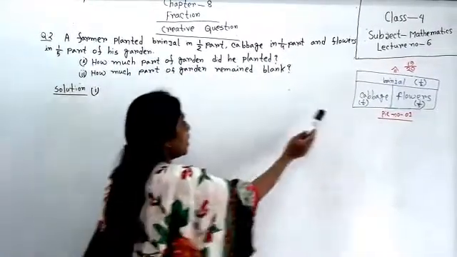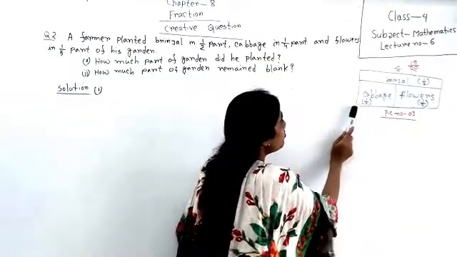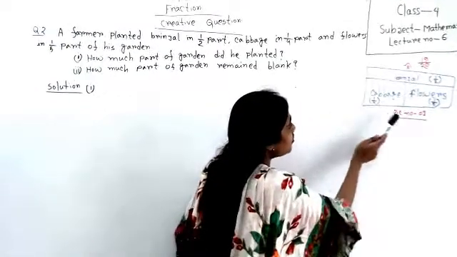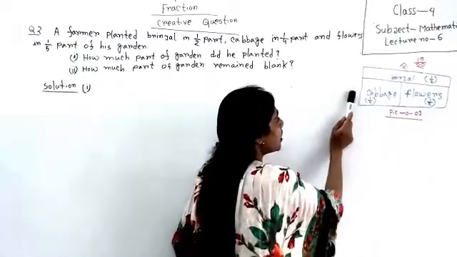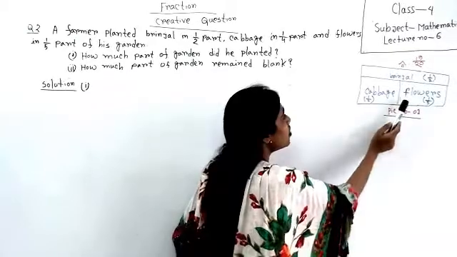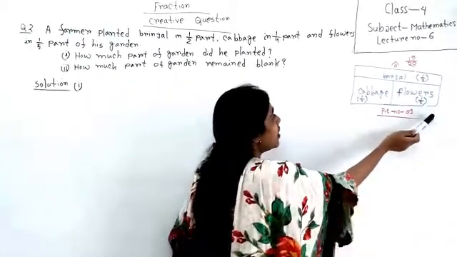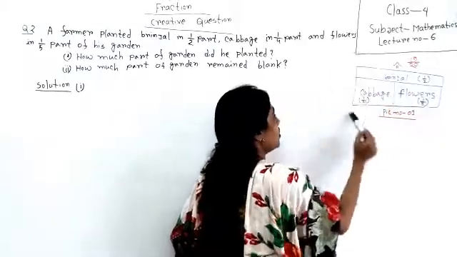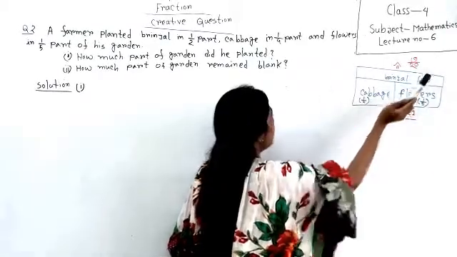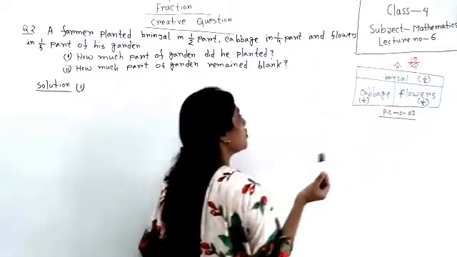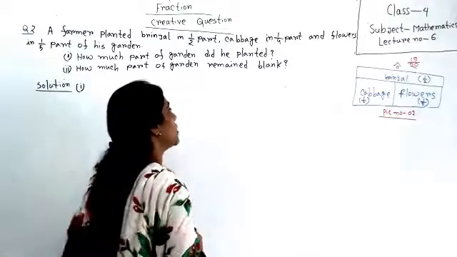Here is a whole garden. In here two vegetables and flowers are planted. Brinjal is half, cabbage is 1 divided by 4 and flowers is 1 divided by 5. Here is the total planted vegetables and flowers. So to find this, I do addition.